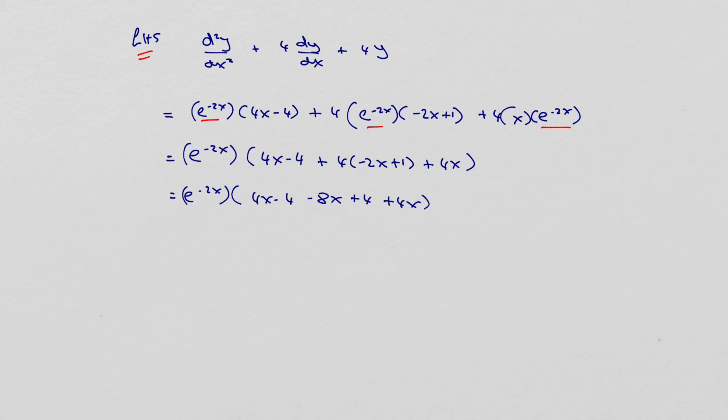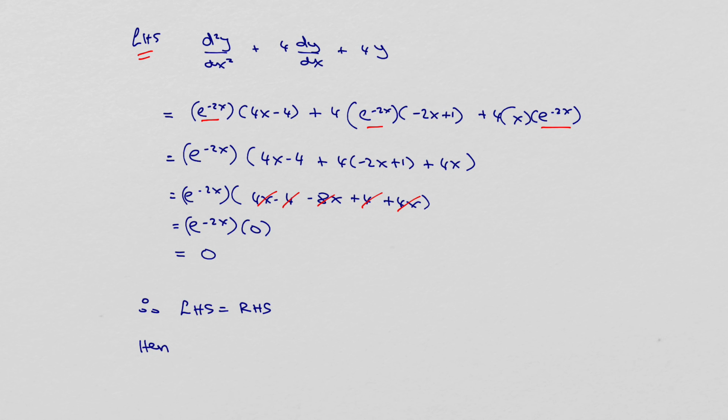And then I can go, well, 4x minus 8x is minus 4x plus 4x is 0, and minus 4 plus 4 is also 0. So that leaves me with e to the power of minus 2x multiplied by 0. And of course, 0 times anything is 0. So therefore we can say, well, that means that the left-hand side is equal to the right-hand side.